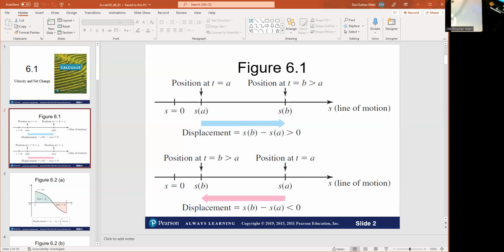Okay, so far so good, right? If s of b is greater than s of a, positive displacement; s of b less than s of a, we have negative displacement.